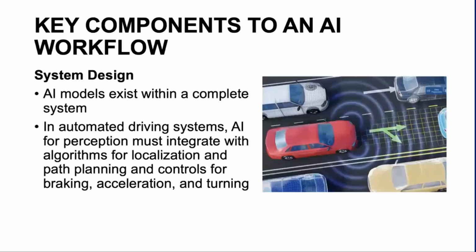Okay. And then followed by your system design. So an AI model exists within a complete system. Like for example, in automated driving, AI for perception must integrate with algorithms for localization and path planning and controls for braking, acceleration, and turning. So you have your predictions for localization and planning, and then you have your control for the braking, acceleration, and turning. Okay?